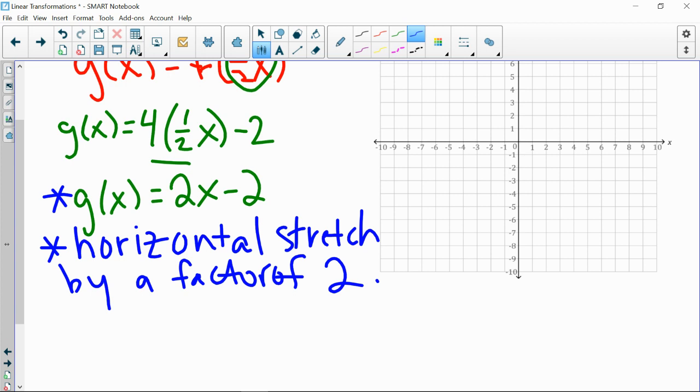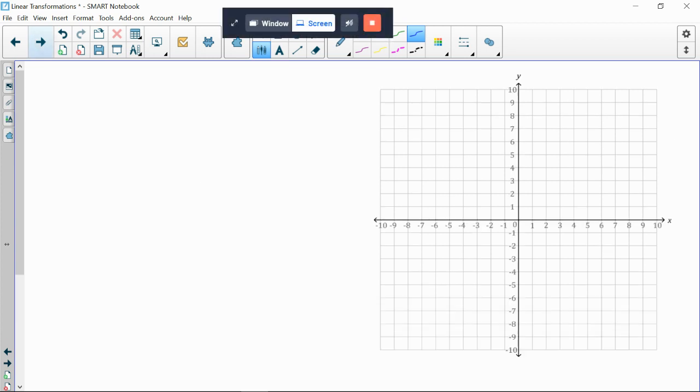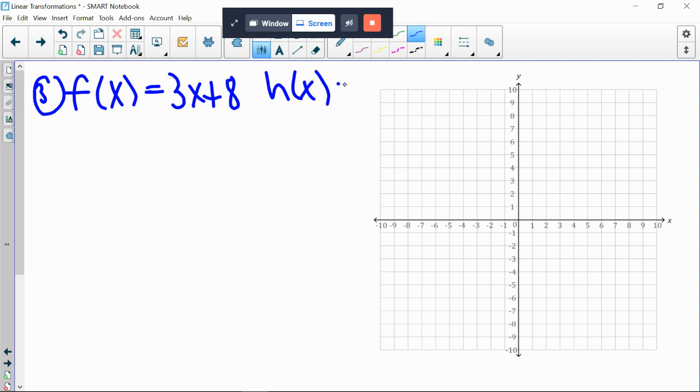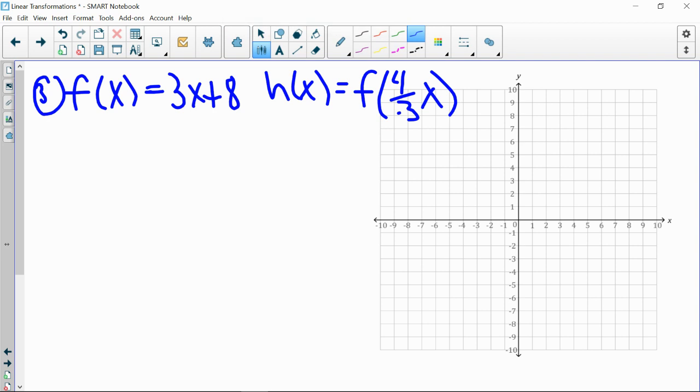Ready for the next one? Okay, number 3 is f of x equals 3x plus 8, and h of x equals f of 4/3 x. So I'm going to give you a minute head start.